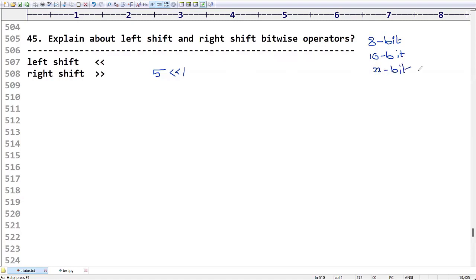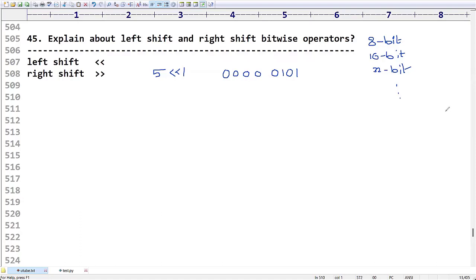For easy understanding, I am taking the number in 8-bit format. The first 4 bits are 0000, and the next 4 bits use the 8421 code, because the binary representation of 5 is 00000101.